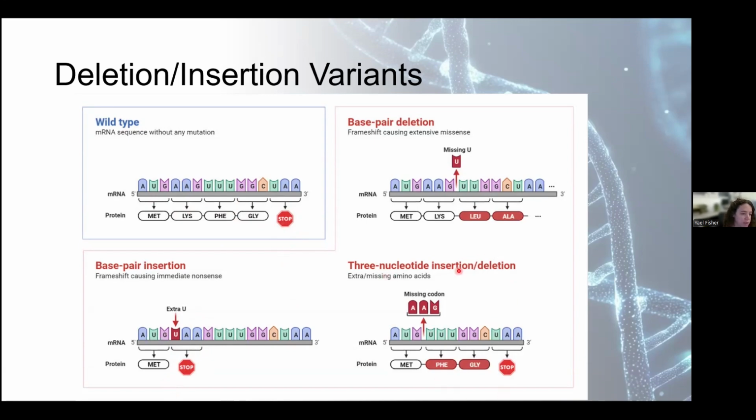Now, if we have an insertion or deletion of three nucleotides or any multiple of three, what we'll have is loss or gain of a few amino acids, but this won't affect the rest of the reading frame. So in this case, we have a loss of AAG that encodes lysine, but the phenylalanine and the glycine and the stop codon after them continue to be translated appropriately.